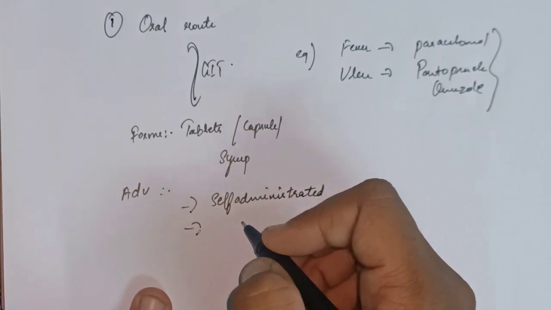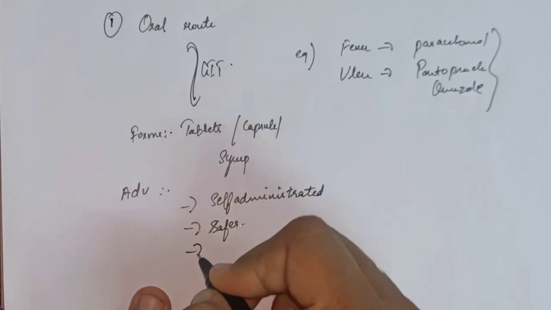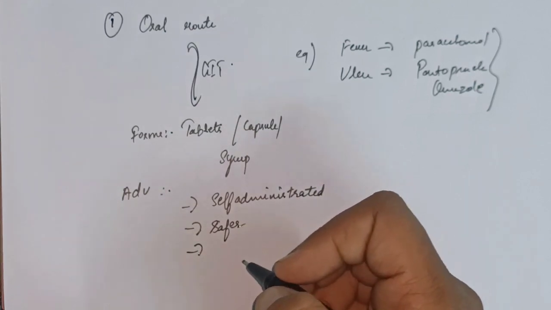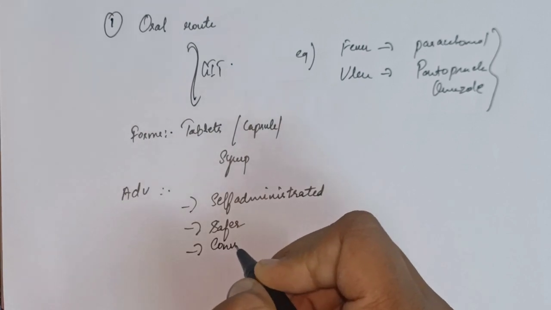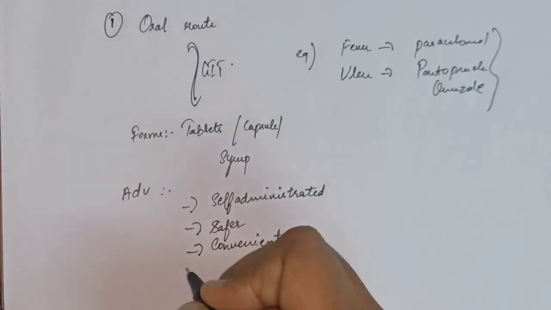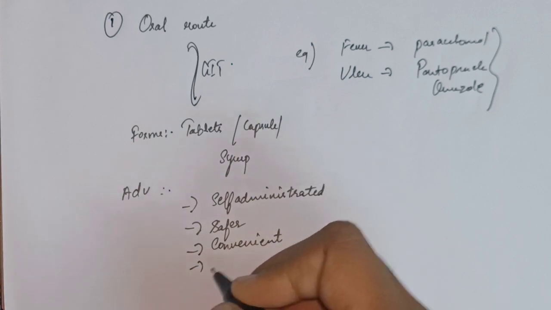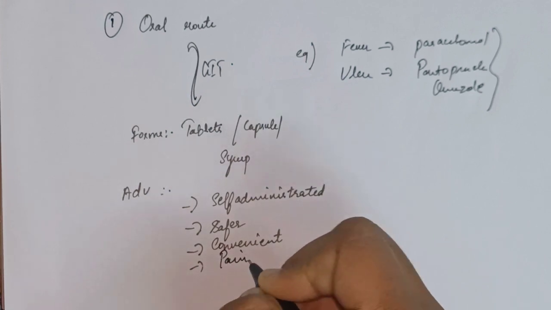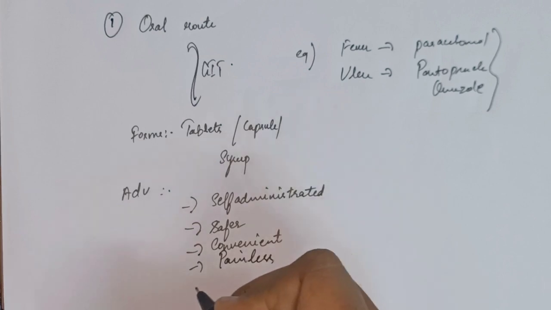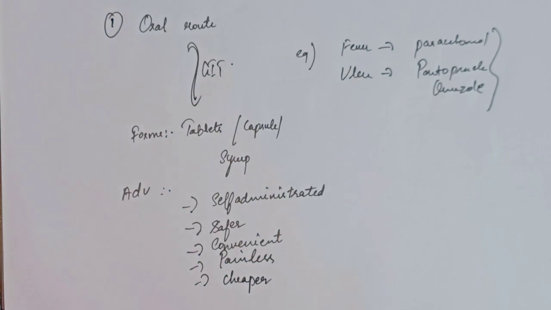Third, the patient feels it is very convenient, because they are taking it through the mouth only. It is convenient and painless. If the patient is given an injection, it will cause pain, but a tablet causes no pain. And one more thing, it is cheaper, because simple tablets cost around 4 to 6 or 10 rupees only, right?